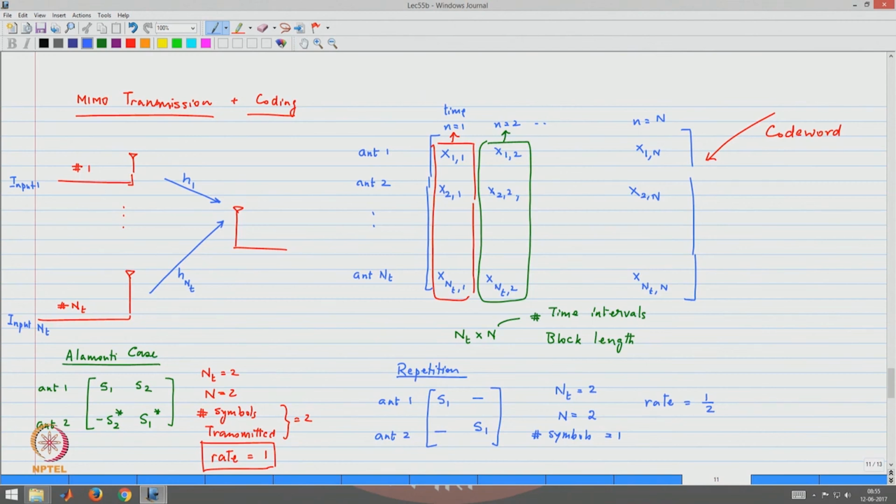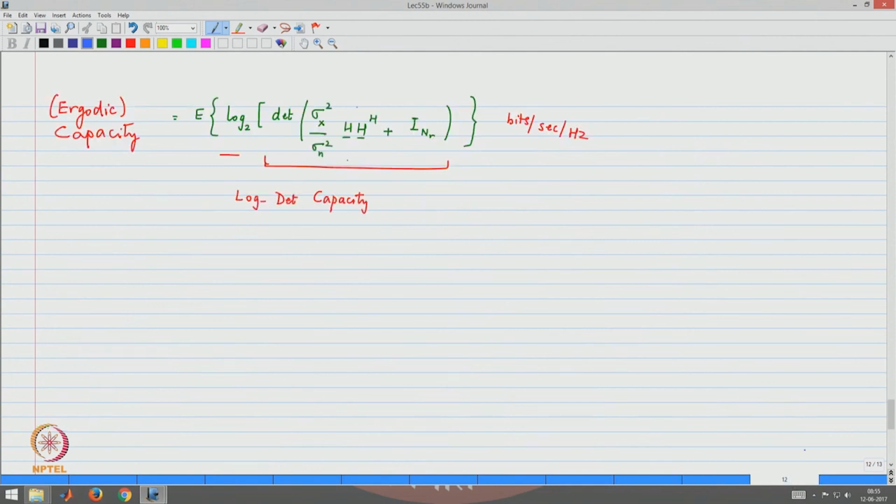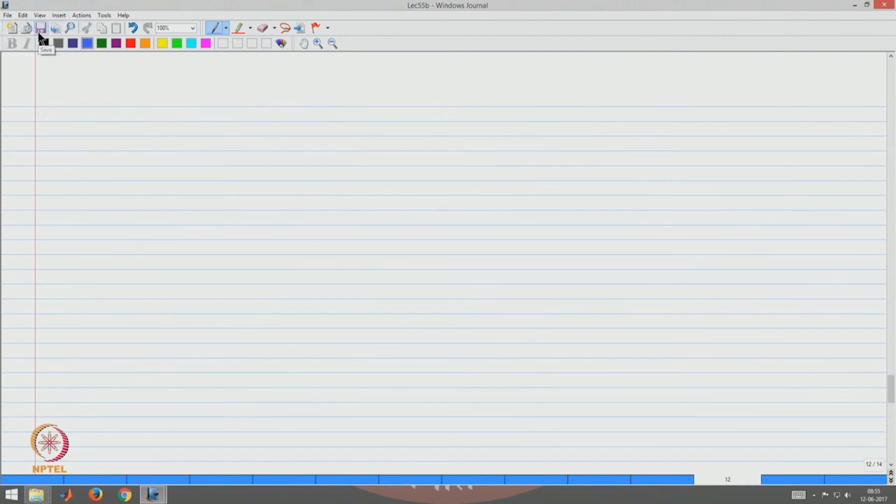So, now what we would like to do is very quickly and very briefly introduce the concept of one of the most popular techniques called the BLAST techniques. So, the BLAST architectures, Bell Labs layered space-time architectures.